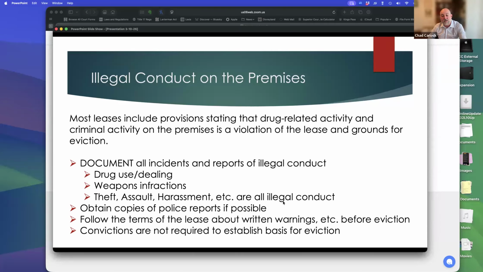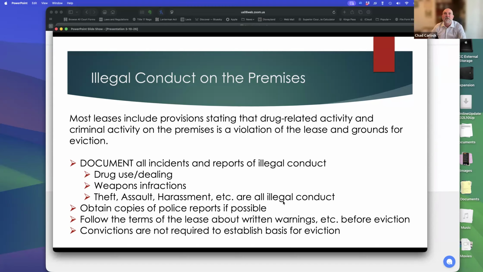If you have specific procedures in your lease about what the noise rules are, what the hours are, what happens if you get a first warning, second warning, and then what happens on the third one, make sure you follow those as best you can.